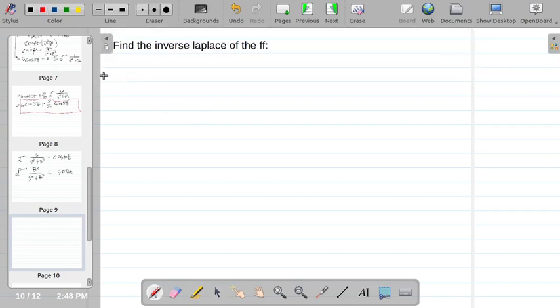Number 1, find the inverse Laplace of 5 over s cubed.